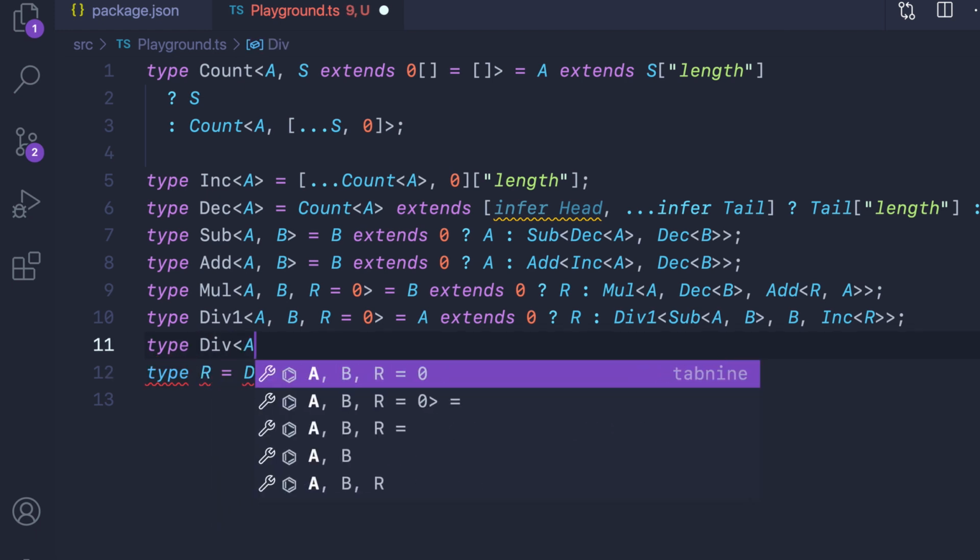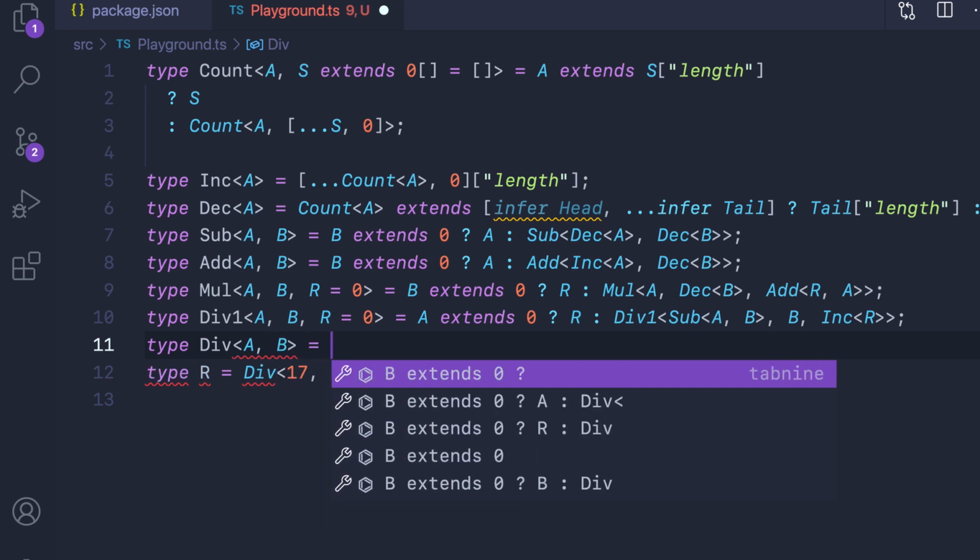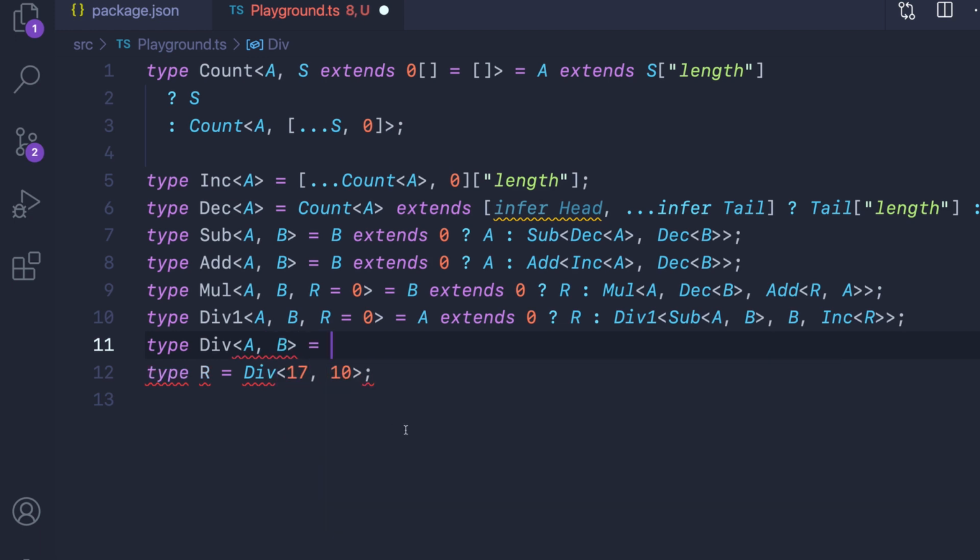So let's do divide A B, and now what do we do?